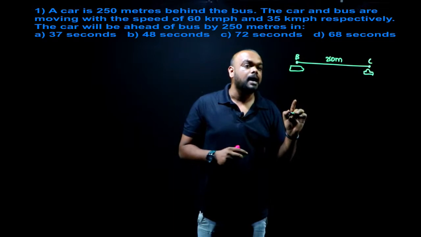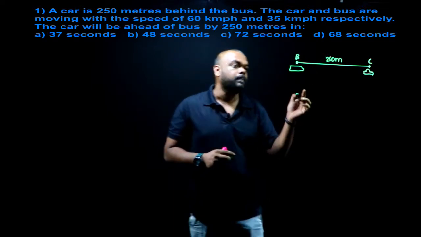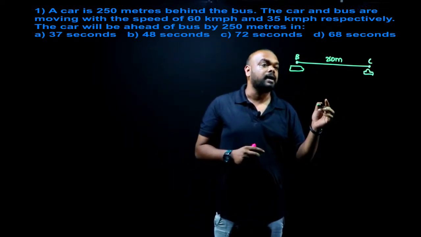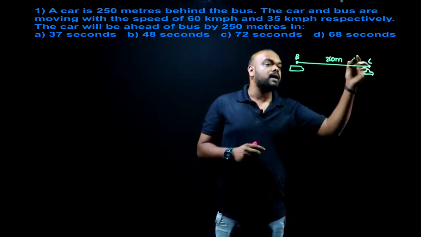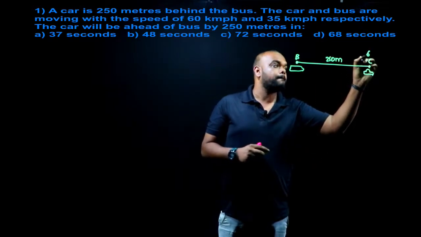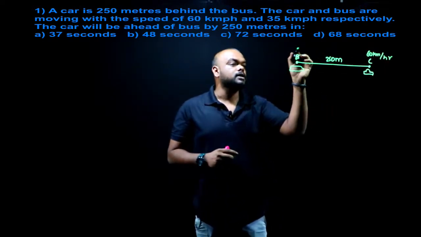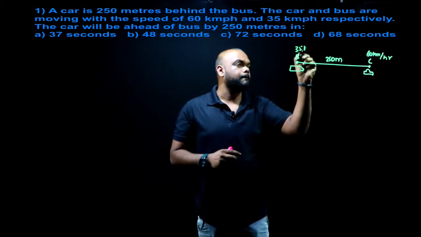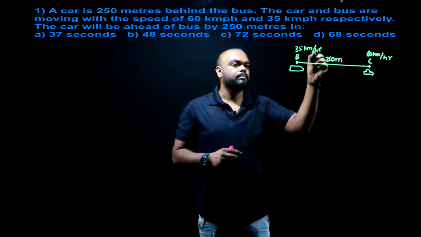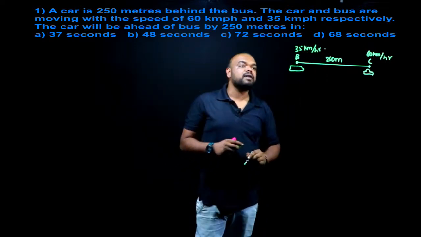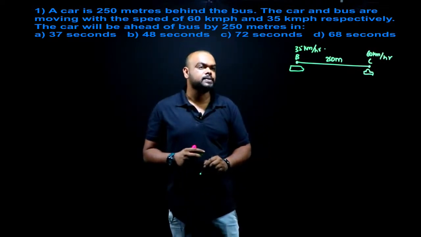The car and bus are moving at the speed of 60 km per hour and 35 km per hour. The car is moving at 60 km per hour and the bus is moving at 35 km per hour.